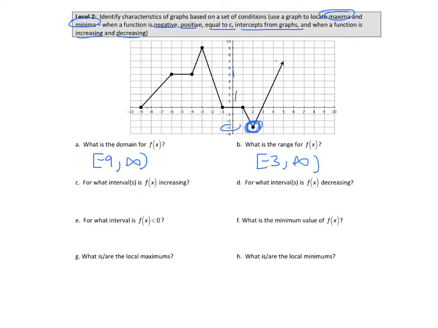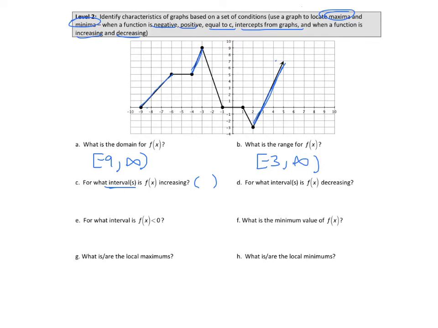Okay, next we are looking at the interval where the graph is increasing. The graph is increasing whenever it's going up from left to right, so that happens right here, and right here. So I need to list all of those intervals. For increasing and decreasing, we always use parentheses because technically a graph doesn't increase or decrease at a certain point. When we talk about intervals, we're looking on the x-axis.